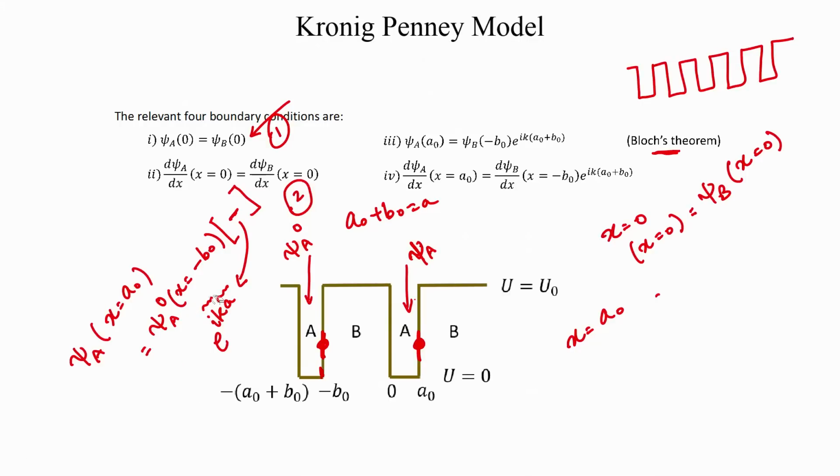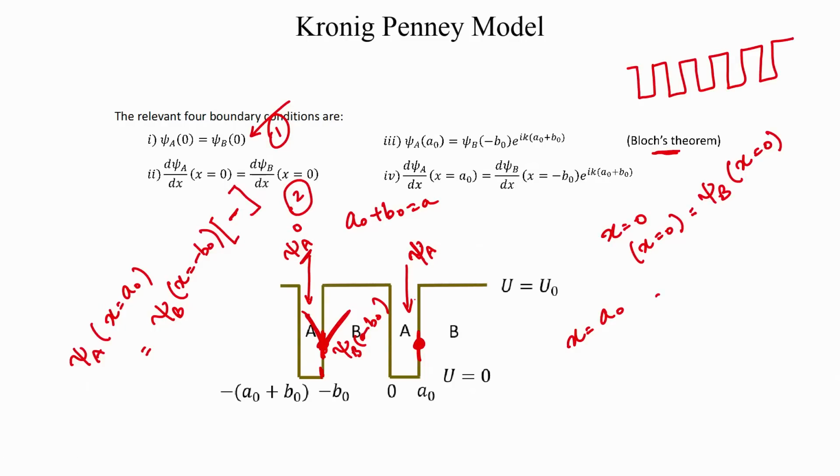Now it is not necessary for us to define this new wave function psi A naught, because the value of psi A naught at x equal to minus b naught is exactly the same as the value of psi of B at x equal to minus b naught, because of the continuity of the wave functions at this edge. Therefore we can replace psi A naught at x equal to minus b naught by psi B at x equal to minus b naught.